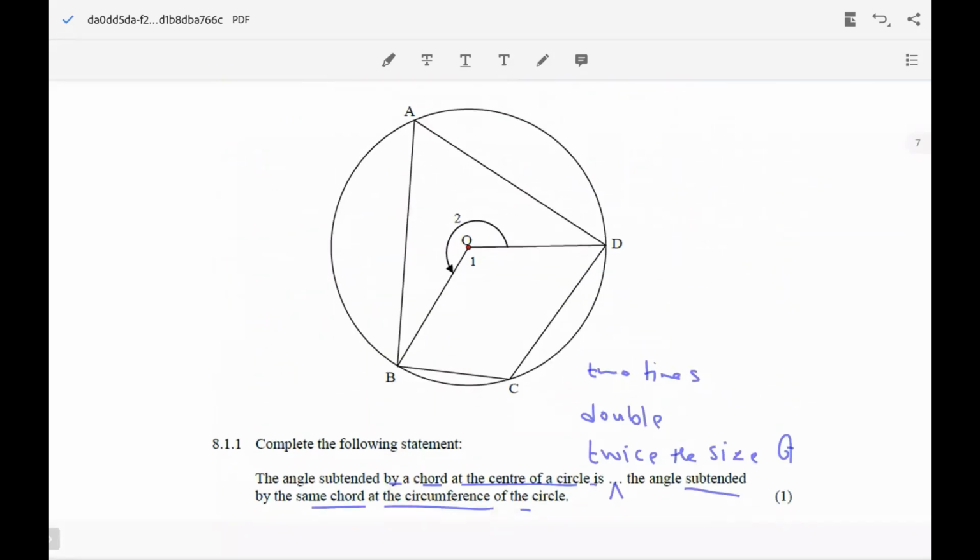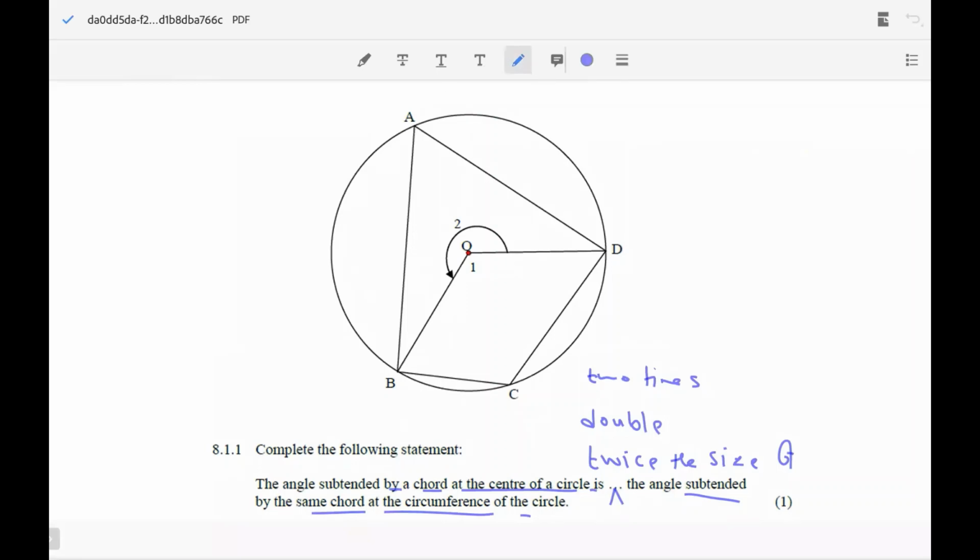So where are we starting from? Let us start from angle A. We are starting from angle A. Let's call it x.